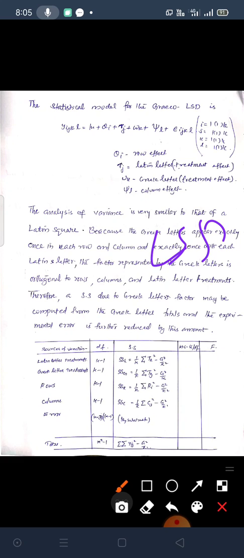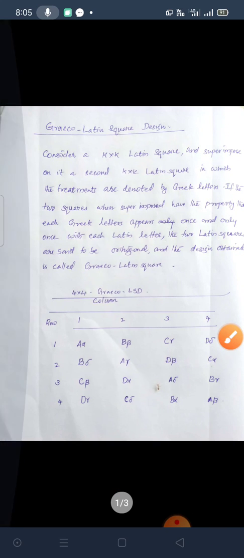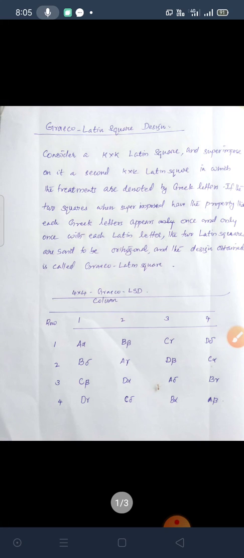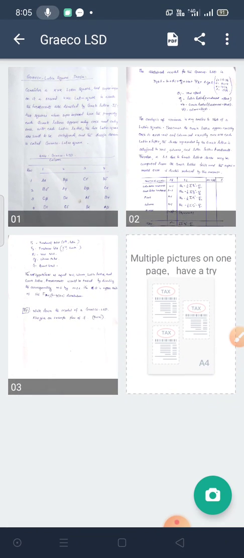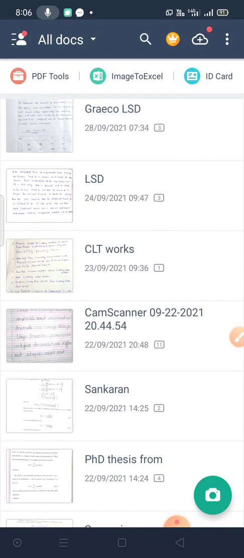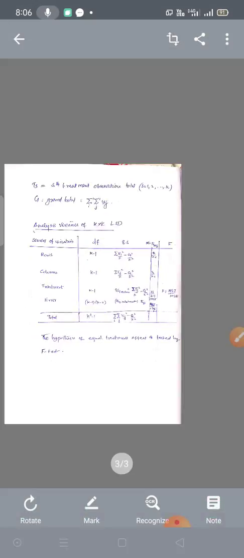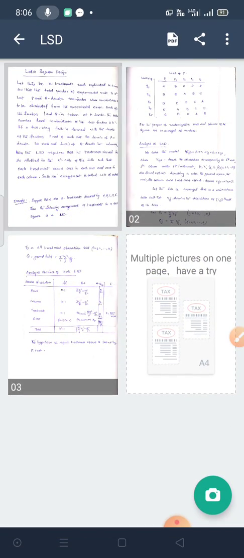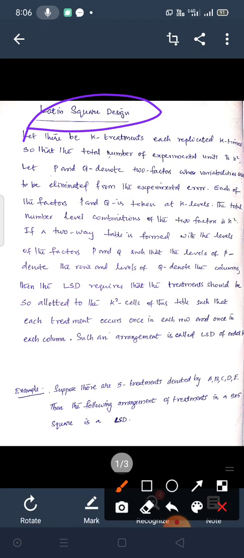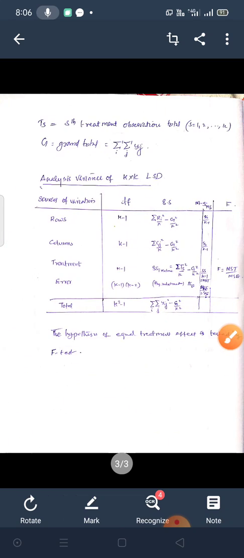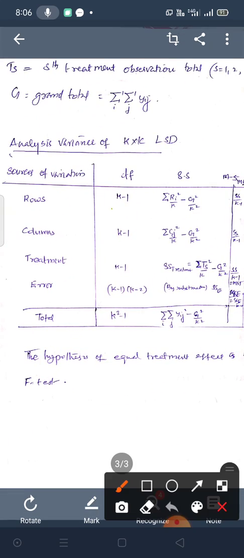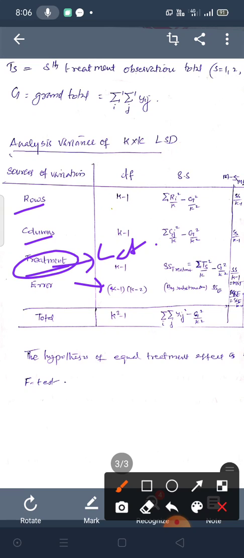So just let me mention the LSD. This is the Latin square design. When we come to the analysis part, remember the sources of variation are rows, columns, treatments. In Graeco Latin square we split the treatments into Latin treatments and Greek treatments. Each has degrees of freedom k minus 1.